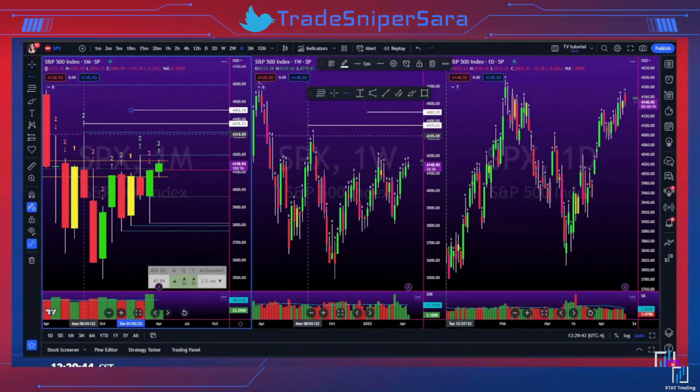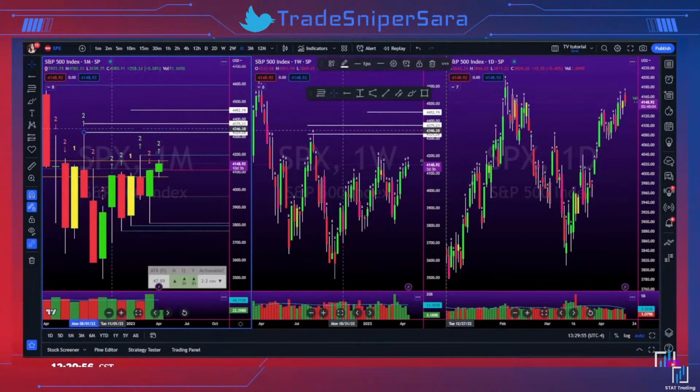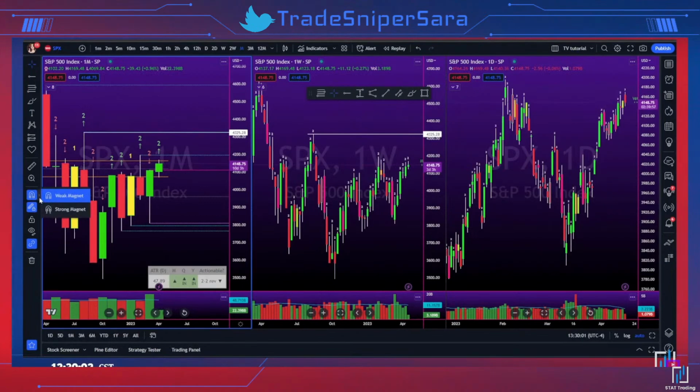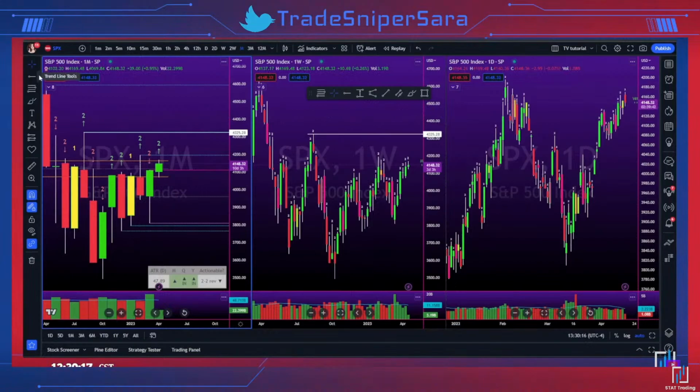It just puts it exactly where you put it. And I want exact levels, and you'll see the snapping effect. There's also different levels of your magnet. I just have mine on weak. Strong is pretty crazy.